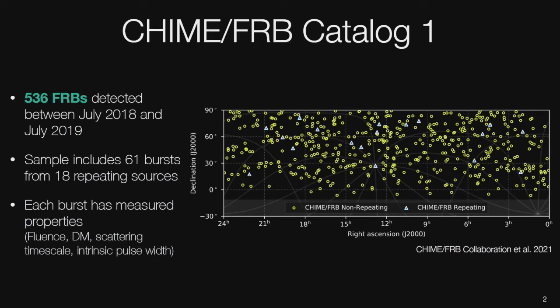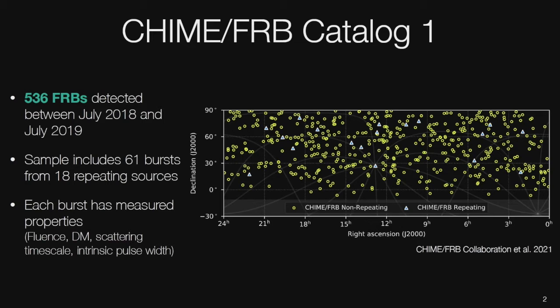As I'm sure many of you are well aware, the CHIME FRB collaboration released our first catalog last year of 536 FRBs. You can see on the sky map plotted here, the sample includes bursts from both repeating and apparent non-repeating sources. For each burst that we have released in this catalog, we also have observed and measured properties such as fluence and DM.